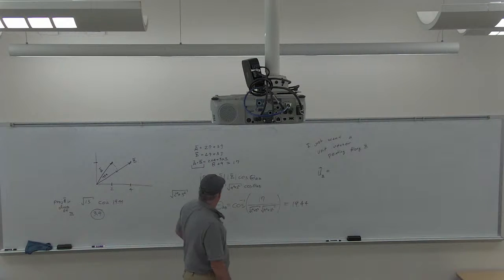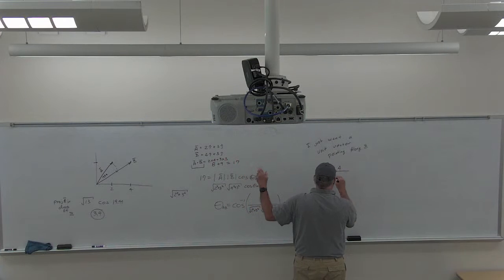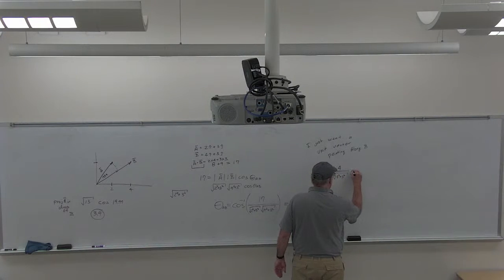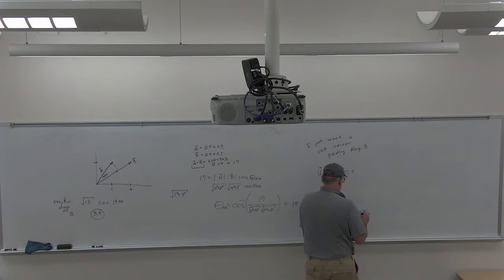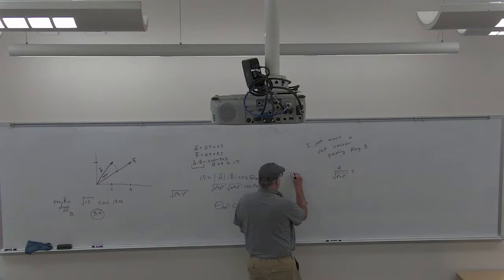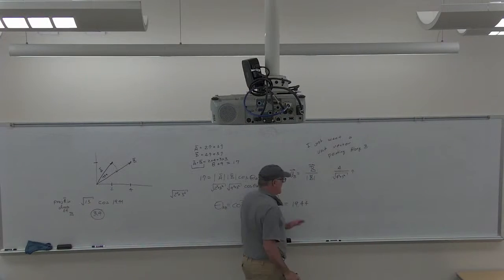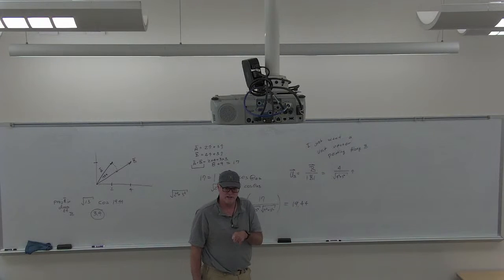Exactly. Where's B? Okay, here's 4. Now I'm going to get you to help me because I don't know what 4 squared plus 3 squared is. So first, let me back up and write it symbolically because this is all in the book. The B vector divided by the magnitude of B will automatically give you a unit vector pointing in that direction.